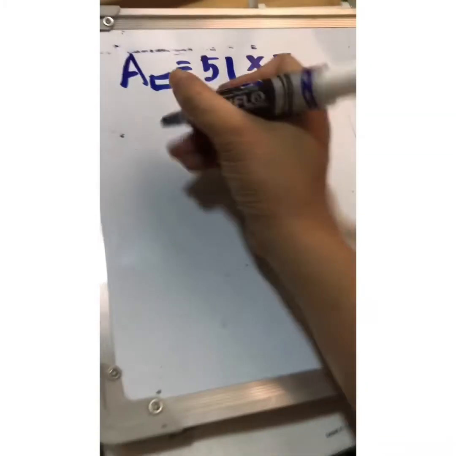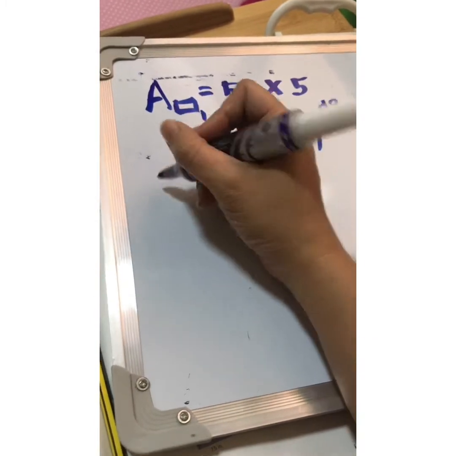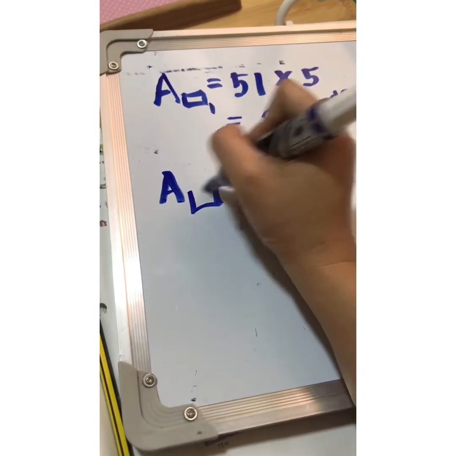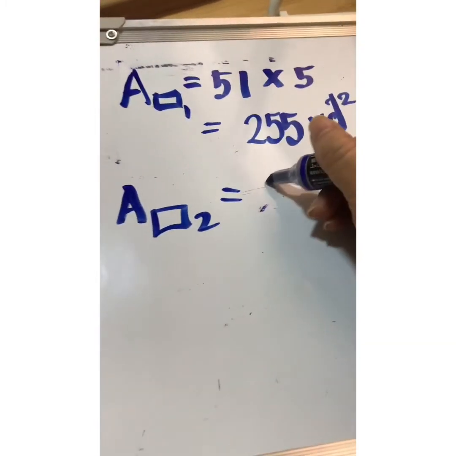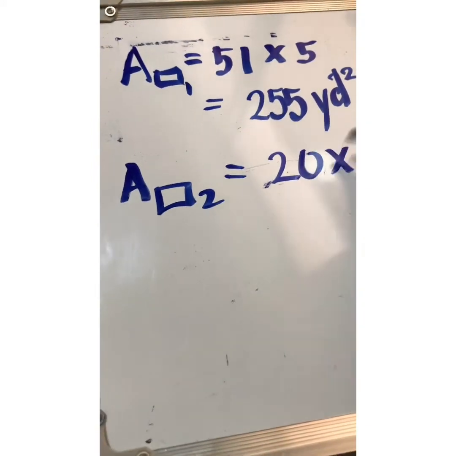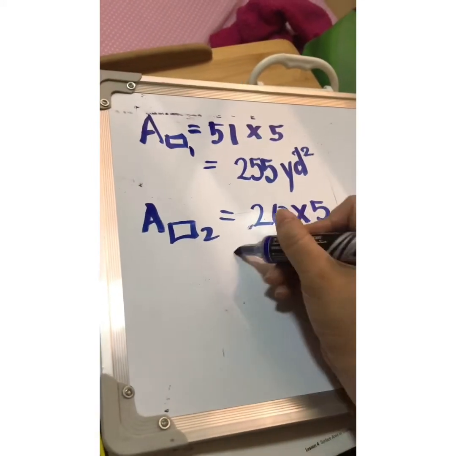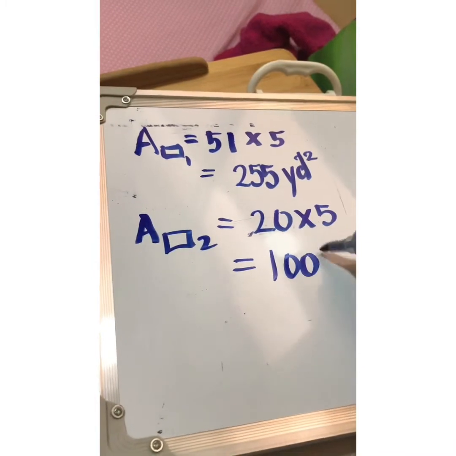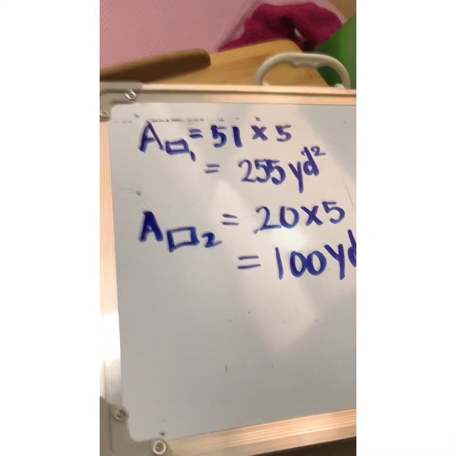So I'll just multiply it. Area of rectangle 2 equals 20 multiplied by 5. That will give us 100 yards square.